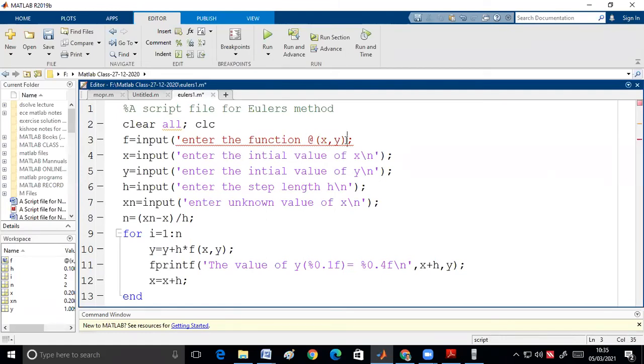I will write the equation just for understanding. So like this, enter the question. Okay, fine. Same procedure. I will run the program.